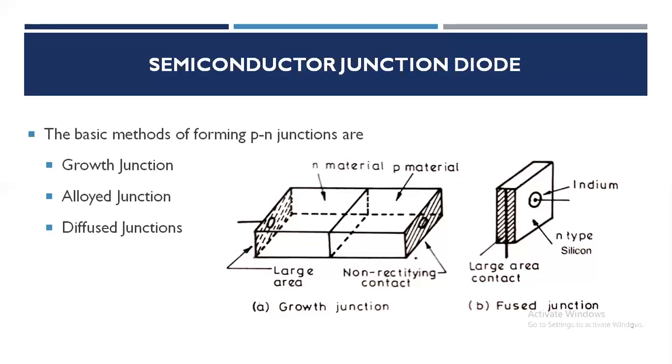In a special furnace at about 1000 degrees Celsius, the impurity atoms are diffused into a wafer of a particular type, and a PN junction can be obtained. By selective diffusion, it is possible to have many isolated PN junctions on a single wafer.